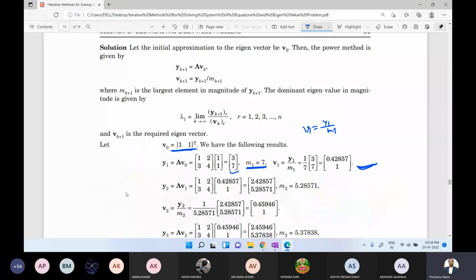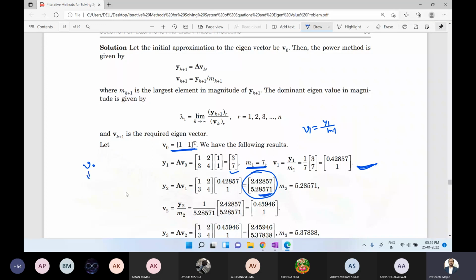So you have obtained this vector as y2. What will be m2? m2 is the largest component of y2, so it will be 5.28571. So m2 is 5.28571.